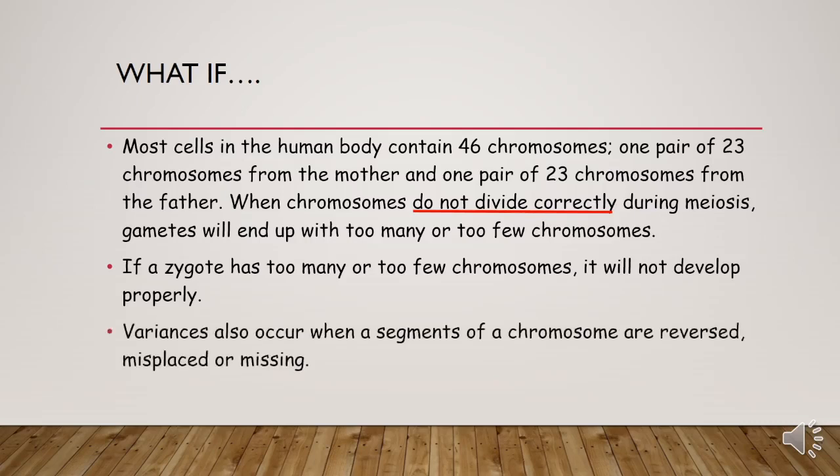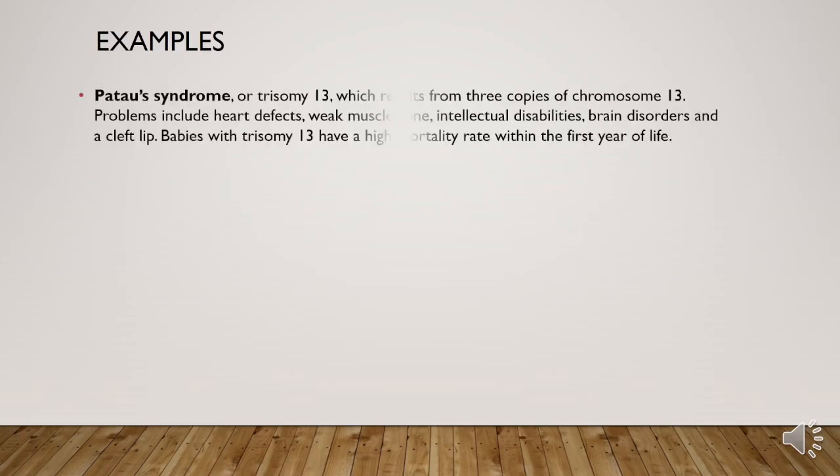Variants also occur when segments of a chromosome are reversed, misplaced, or missing. Let us have some examples of this. Okay, let us see some examples of errors. One is what we call the Patau syndrome, which is trisomy 13, which results from 3 copies of chromosome 13.